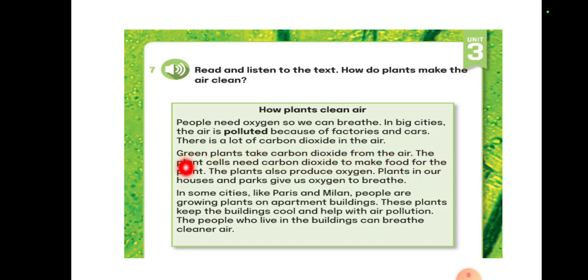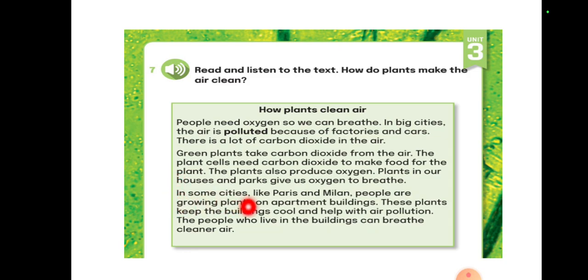The plant cells need carbon dioxide to make food for the plant. The plants also produce oxygen.